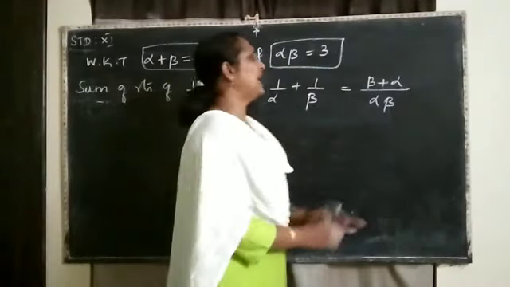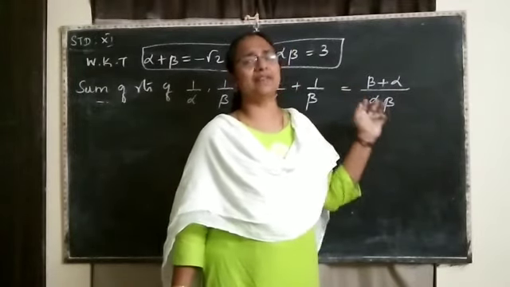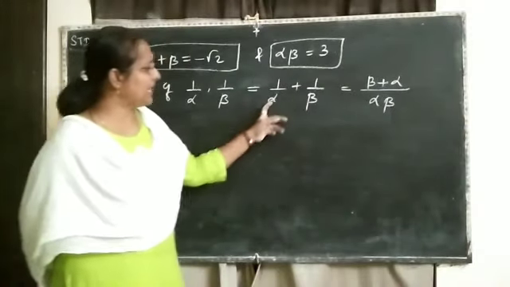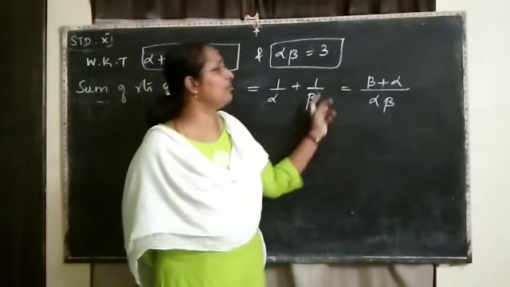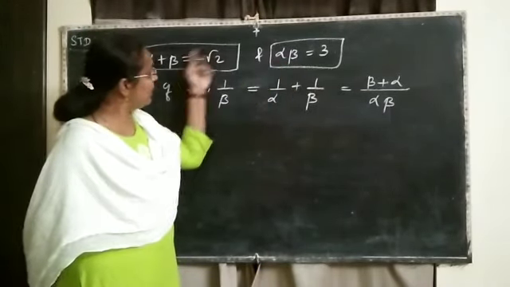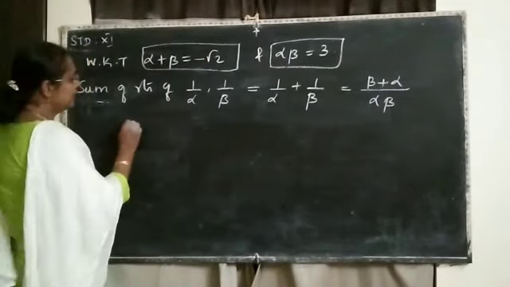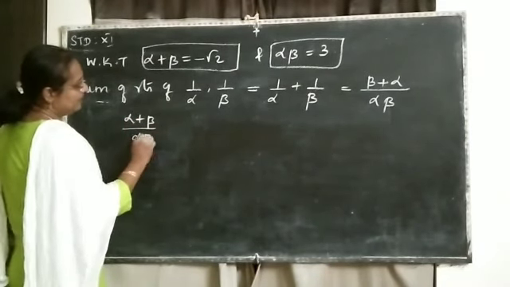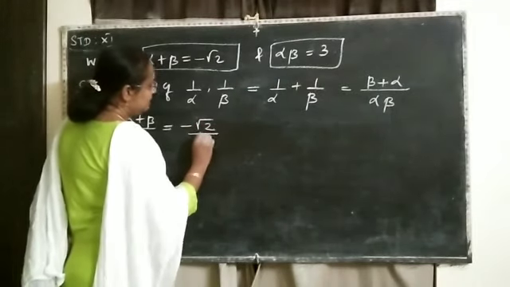It is the same as alpha plus beta or beta plus alpha because addition is always commutative. We don't know the value of 1 by alpha plus 1 by beta, but we know the value of alpha plus beta and alpha beta. So we are going to reuse these values in this expression. Alpha plus beta divided by alpha beta will be equal to minus root 2 divided by 3.